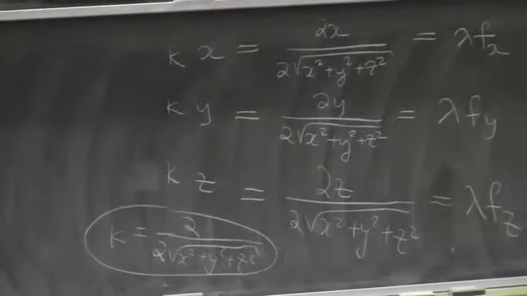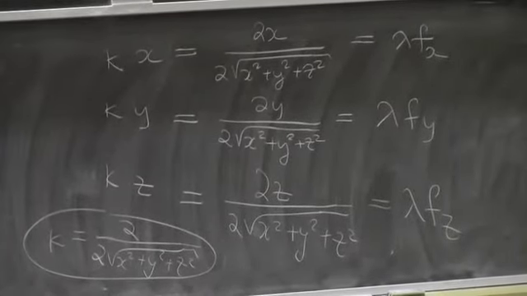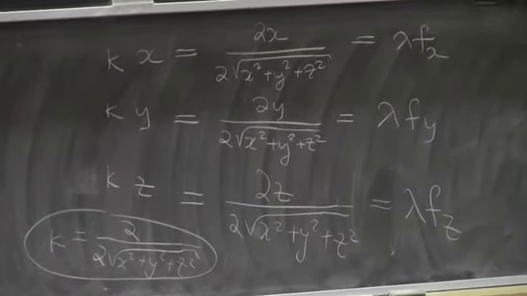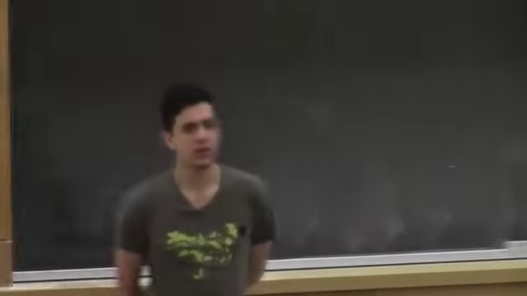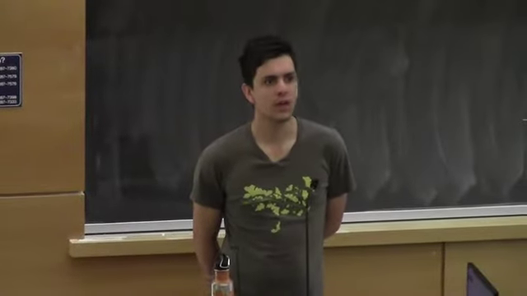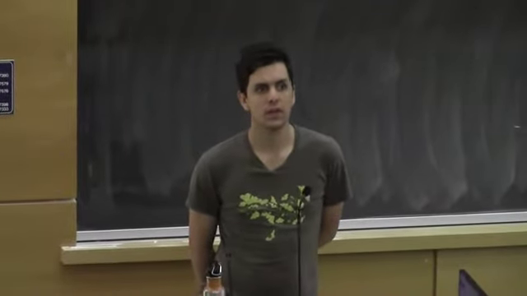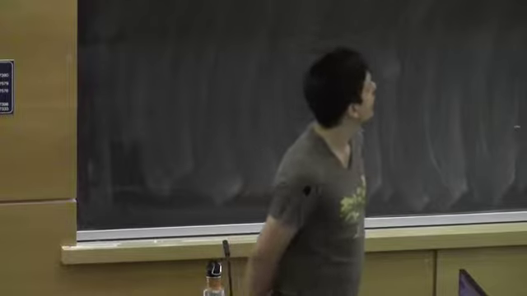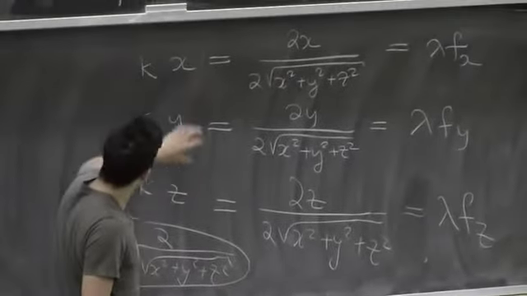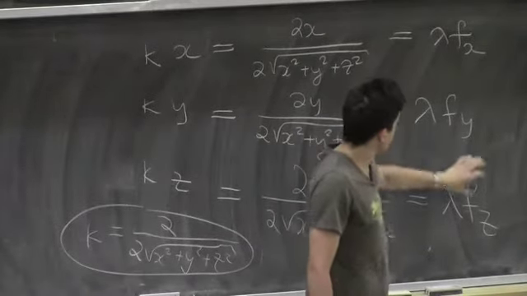Okay, so what's that telling us about the relationship between the gradient and the vector pointing to this point? Right, so we've got the vector x, y, z, and then we've got the gradient at that same point.